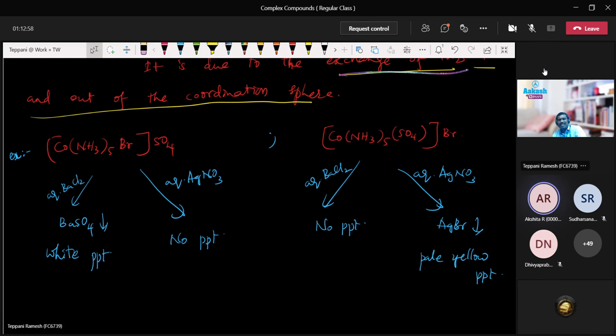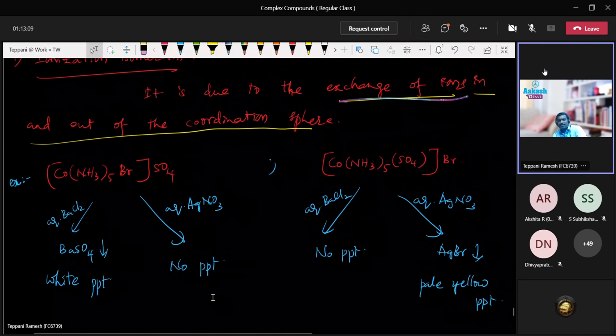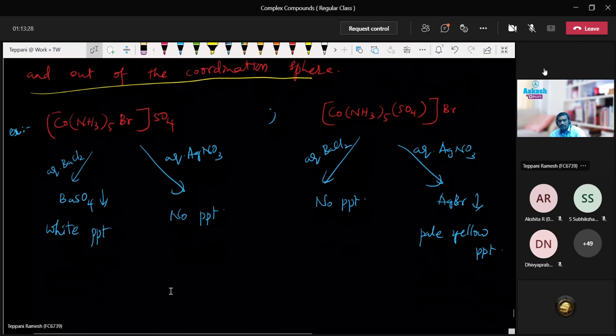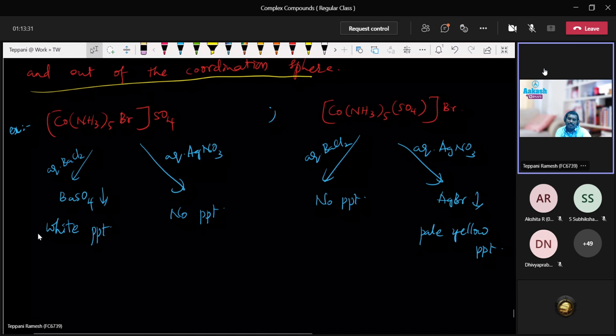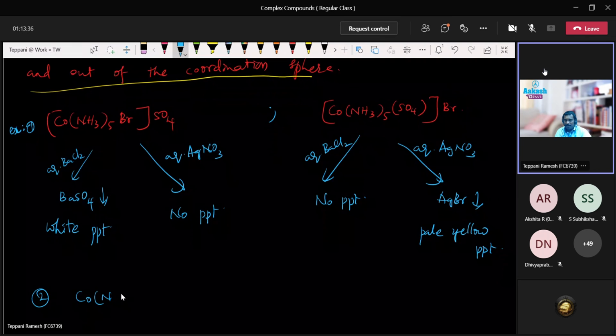Understand the difference? If you want to write more examples without any difficulty, very easily, how can you manage without memorizing? I will tell you the technique. Bromine plus chlorine, you take.